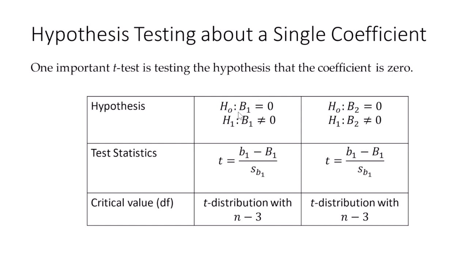Another important hypothesis test for multiple linear regression is testing the hypothesis that the coefficient is 0. So we could test the hypothesis that B1 is equal to 0 or different from 0, or B2 is equal to 0 or different from 0. And if we have another variable, we could test whether B3 is equal to 0 or different from 0, or even if B3 is less than or equal to 4, the alternative would be B3 greater than 4.